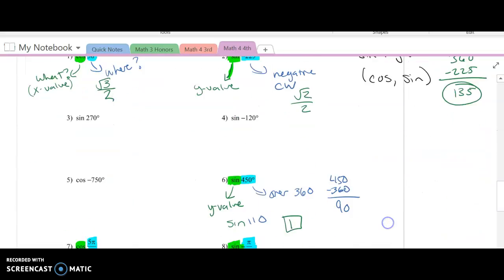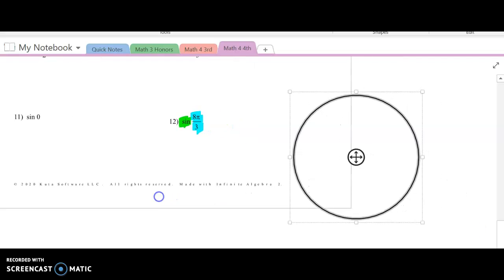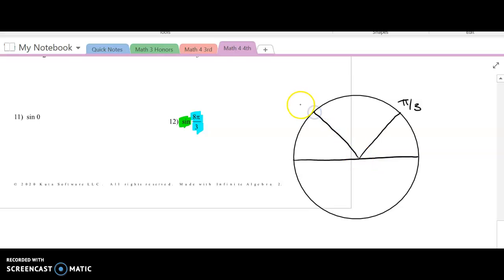Now, if I were to change this up, you would notice that I could make a unit circle that is just with my thirds. So we had pi over 3, 2 pi over 3.